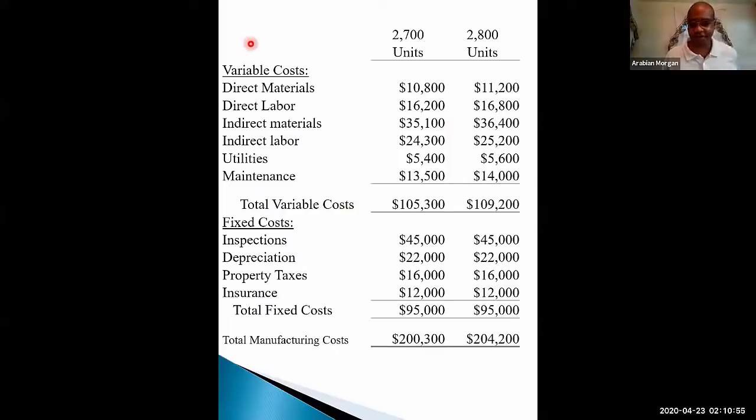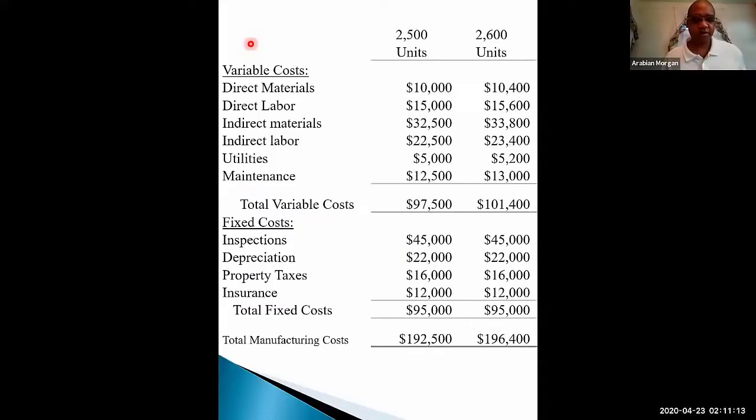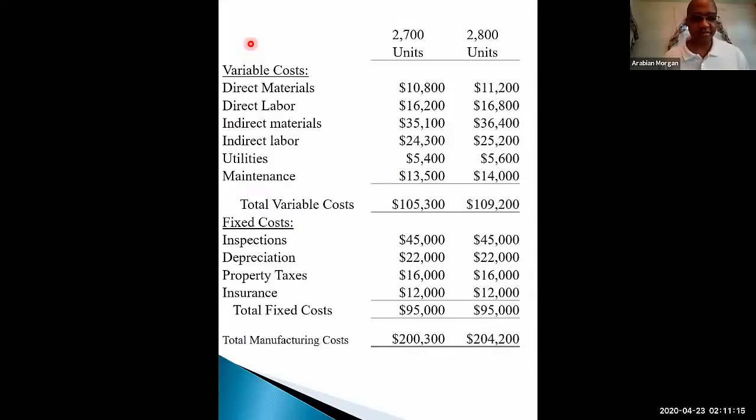So you can just write these down. I'm not trying to kill you with a lot of math tonight. Okay, I think that's the two you need. 2,700 and 2,800 units.